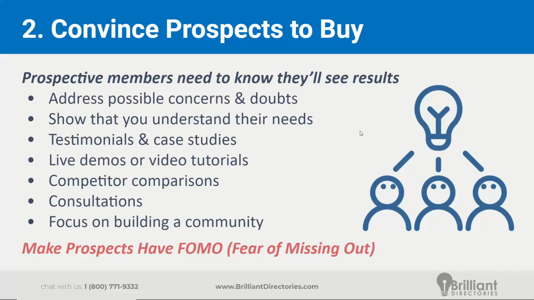Besides everything they're going to get, and by the way, when you're trying to convince prospects to buy, listing off 100 features can be, one, overwhelming, and two, kind of lose the key focus of the benefits of joining, of how their lives or their businesses are going to improve with the specific access to information or features that you're going to deliver to them.